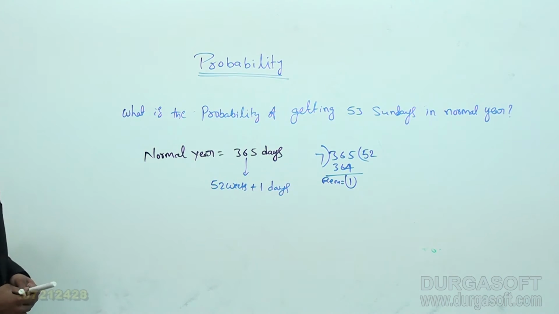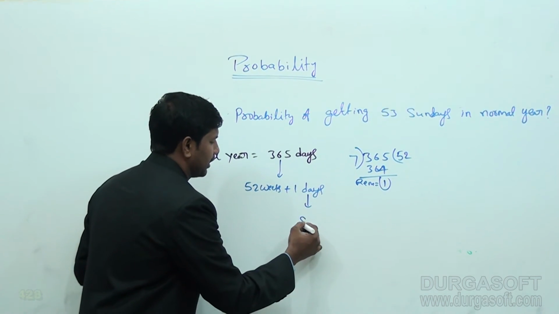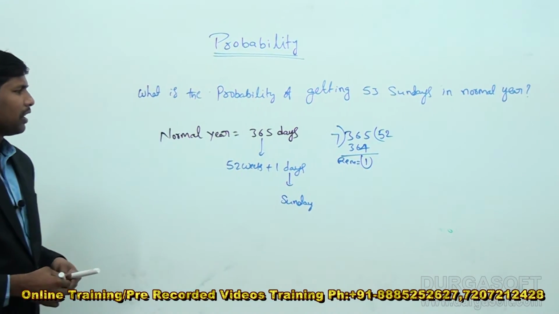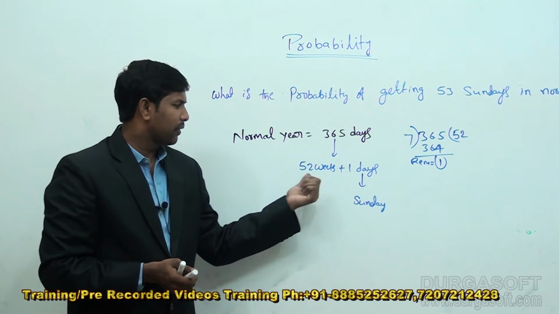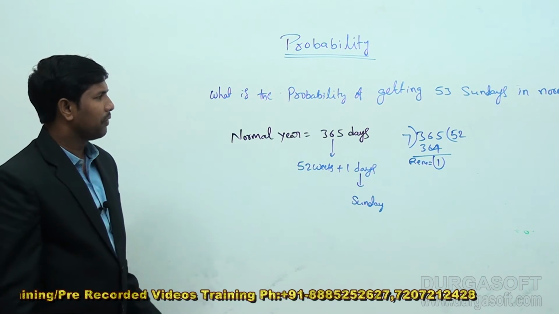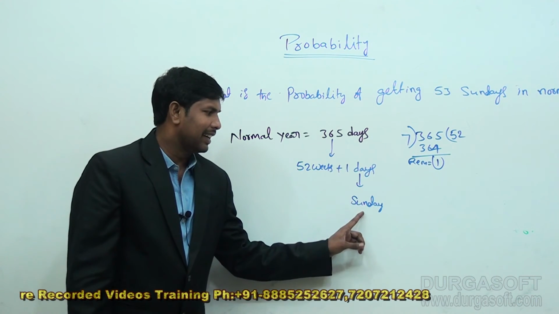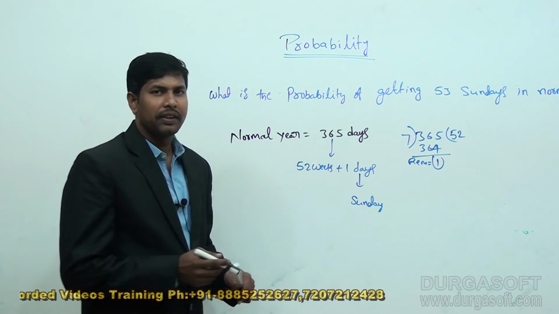In order to get 53 Sundays, that 1 day should be a Sunday. We already have every week 52 times. Now we are expecting 53 Sundays, which means definitely that extra day should be a Sunday. But when you consider a week, we will definitely have 7 days.